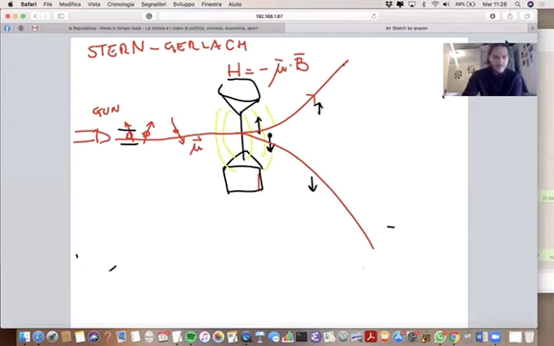Okay, now suppose I place a second device, but now not aligned with the z-axis, but with the x-axis. This time we are measuring the x component of the magnetic moment.